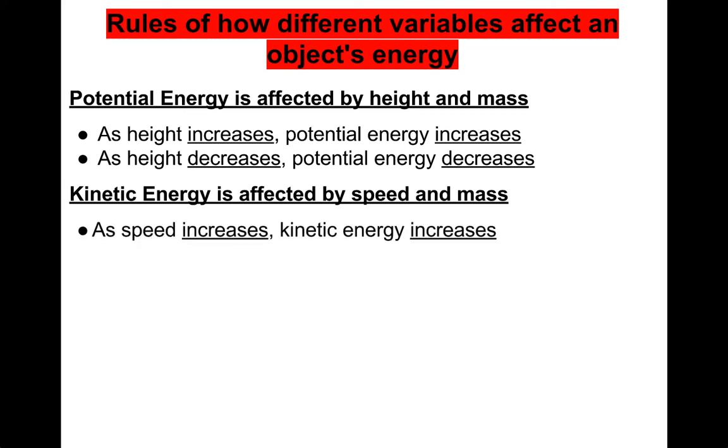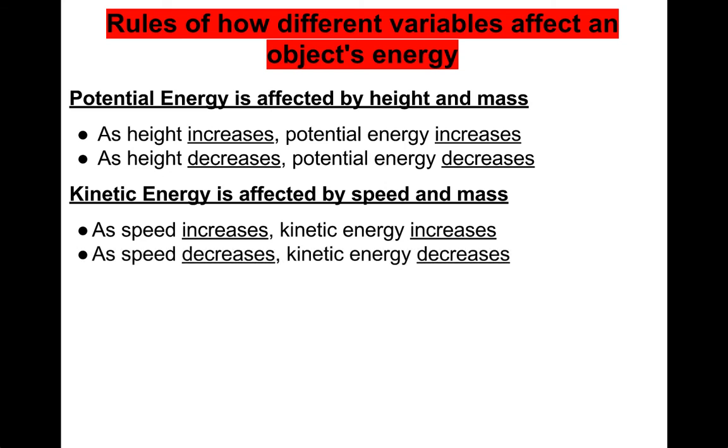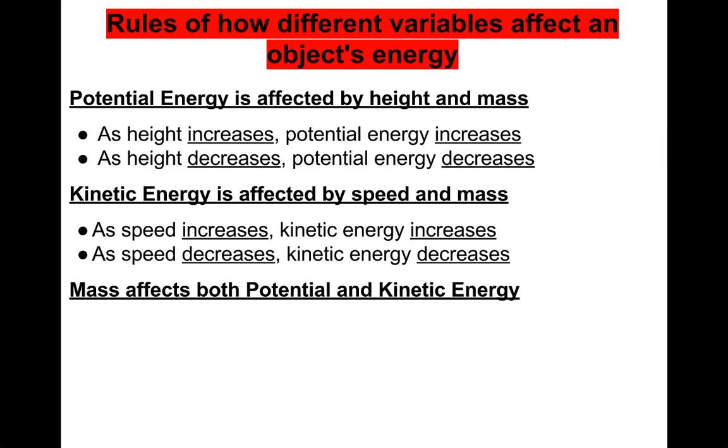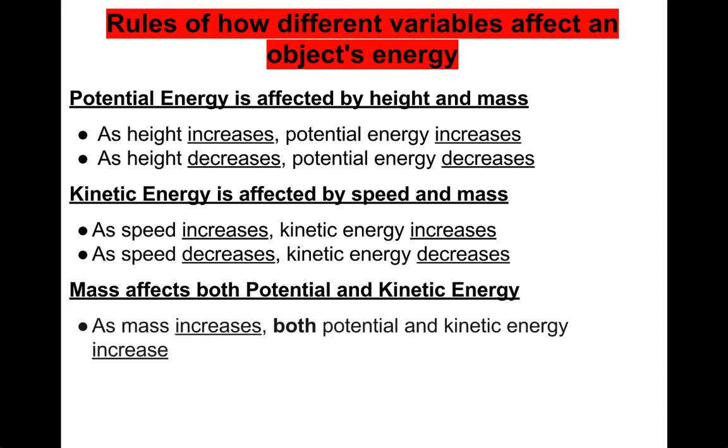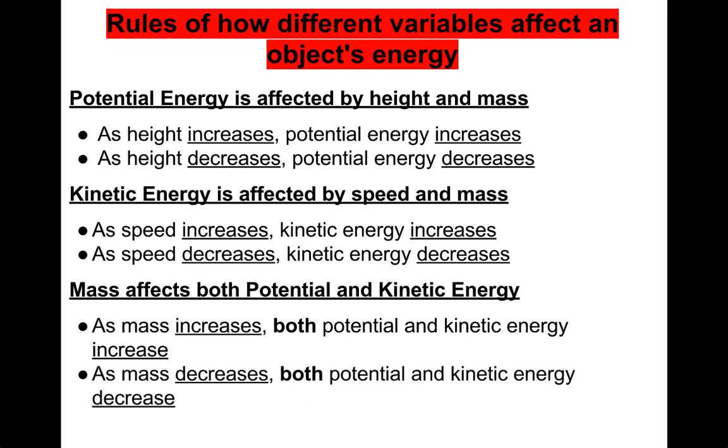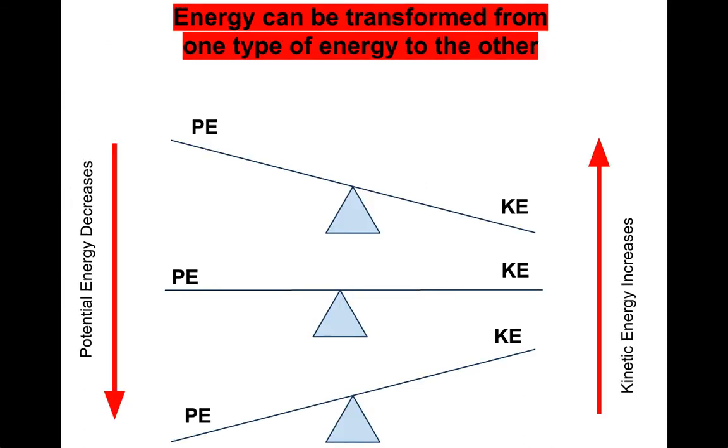As speed increases, kinetic energy increases. As speed decreases, kinetic energy decreases. Mass affects both potential and kinetic energy. As mass increases, both potential and kinetic energy increase. As mass decreases, both potential and kinetic energy decrease.